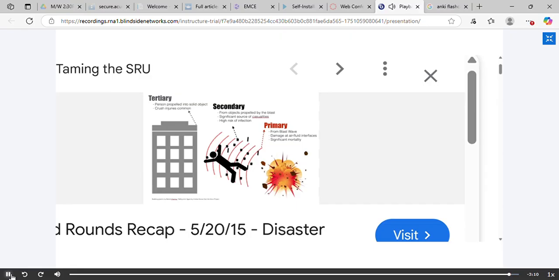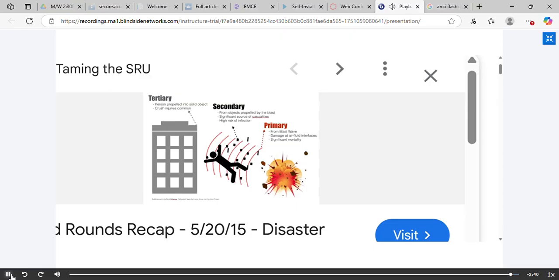The second is debris that is flown from the blast, and then the tertiary injury is going to be when the body is thrown against a stationary object like the ground, or if they were thrown into a parked vehicle or something like that. So just like those 3 different types of injuries that occur in a vehicle, there are 3 different types of injuries that occur from blast injuries.